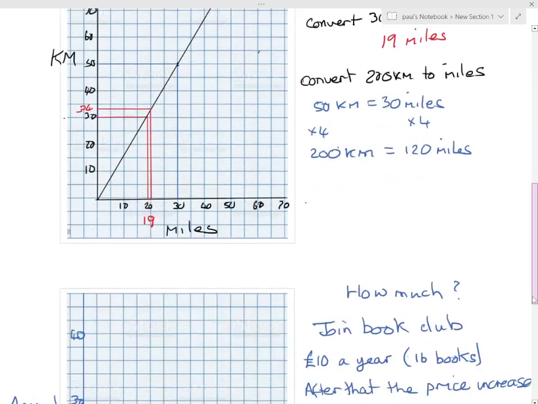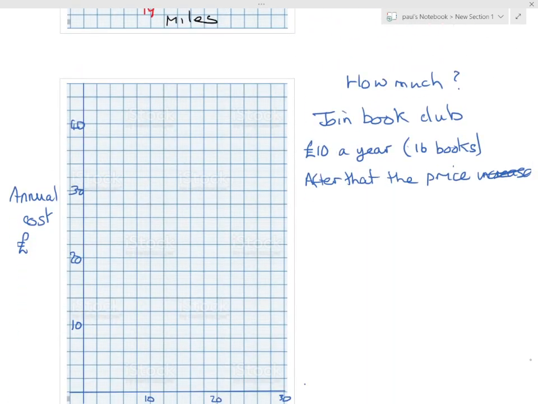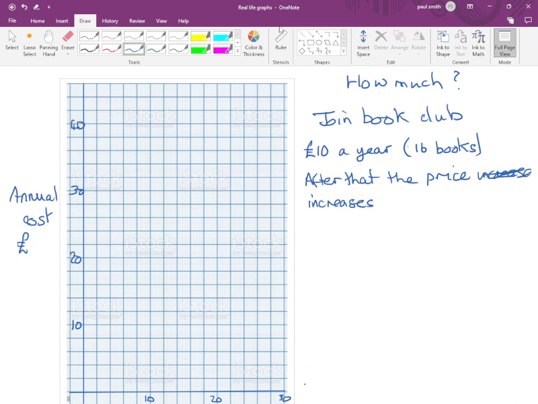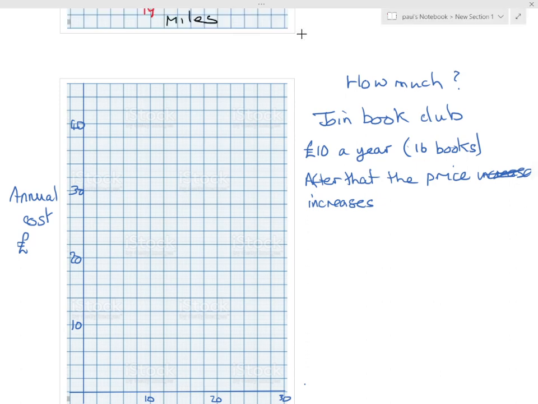Oh, I'm off the edge there. After that the price increases. Right, and again the lines will be drawn for you. So from 10 we need to go 12, 14, 16, and then I'll just make this second part up.